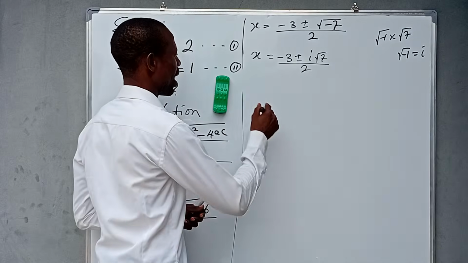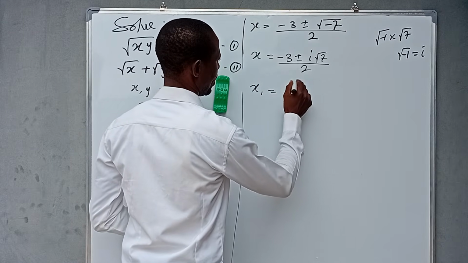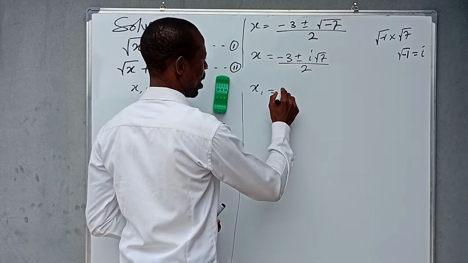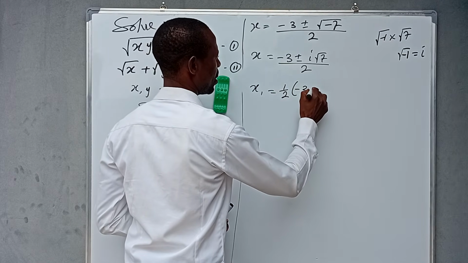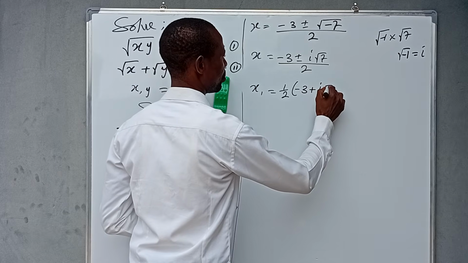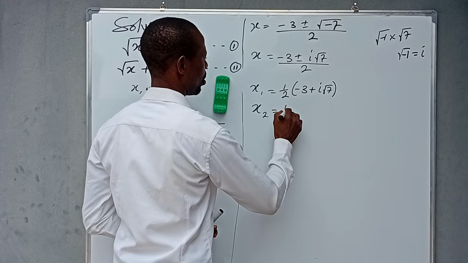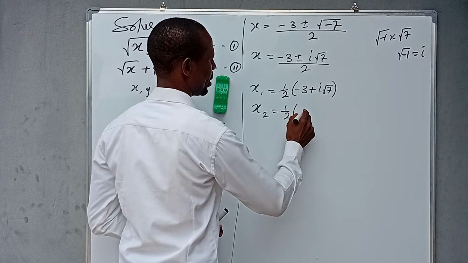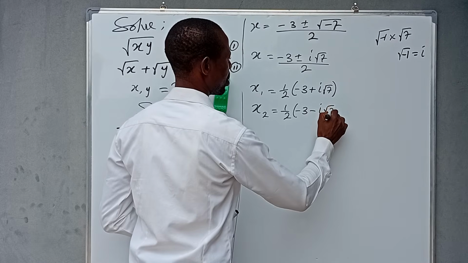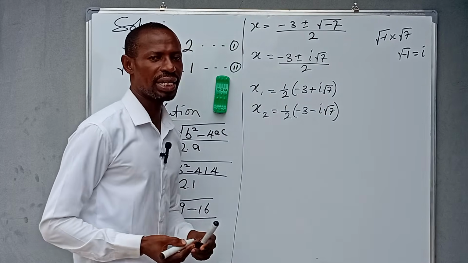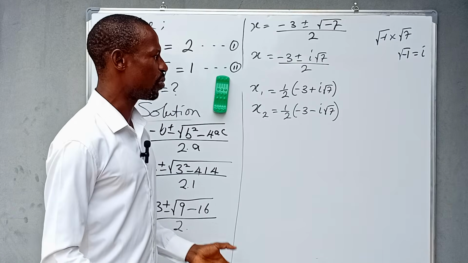The first one, x1, is equal to, let's factor out the half, 1 all over 2 bracket minus 3 plus iota root 7. And the second one, x2, is 1 all over 2 bracket minus 3 minus iota root 7. So these are the 2 values of x that satisfy this original equation.